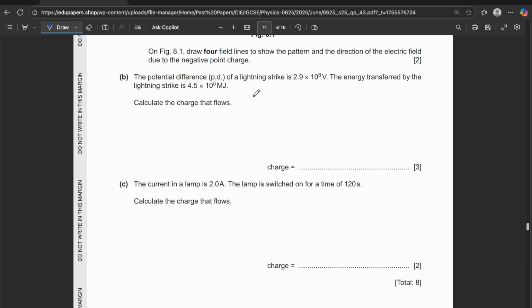B. The potential difference of a lightning strike is 2.9 × 10^8 volts. The energy transferred by the lightning strike is 4.5 × 10^5 megajoules. Calculate the charge that flows. We have this equation: V is equal to work done per unit charge.